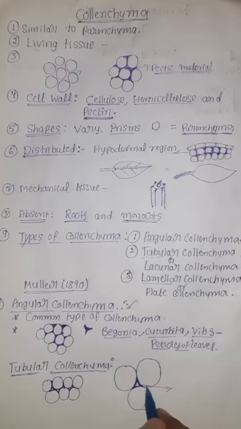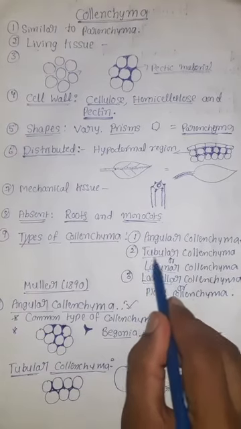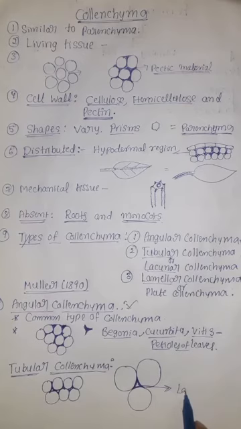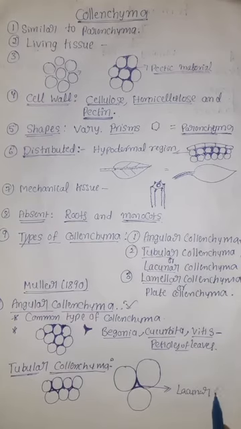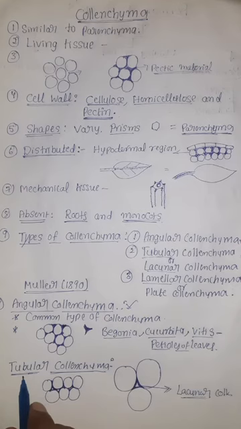That's why this collenchyma type is known as lacunar collenchyma or tubular collenchyma, because it is forming small lacunae in between cells. That's why it is named tubular or lacunar collenchyma.